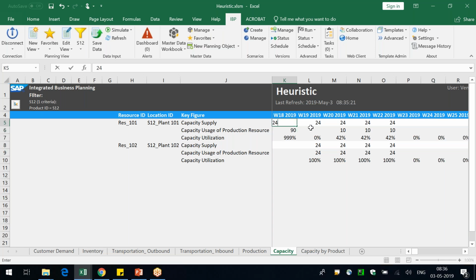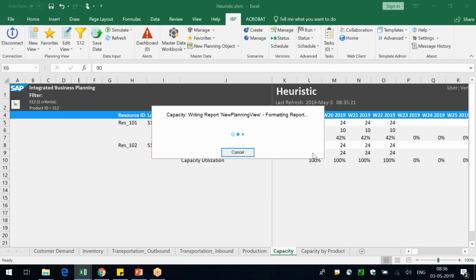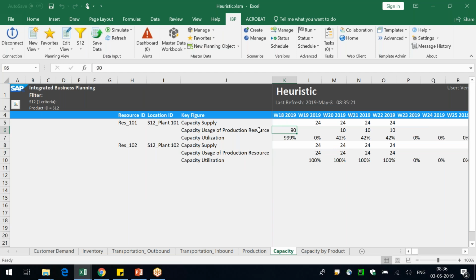So here, if I just maintain 24, and also if you have observed, it didn't even look for the available capacity, it just went and did the entire thing. This 999% is coming because it is a division between the usage and the supply.